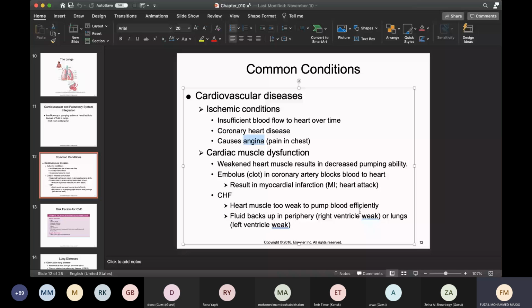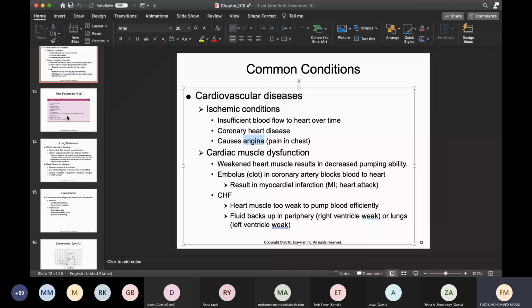If it's left ventricular hypertrophy or left-sided heart failure, then that blood ends up getting backed up into the lungs. If you think about it, it makes logical sense: where the backup is occurring, it's the point before that where everything starts to back up.